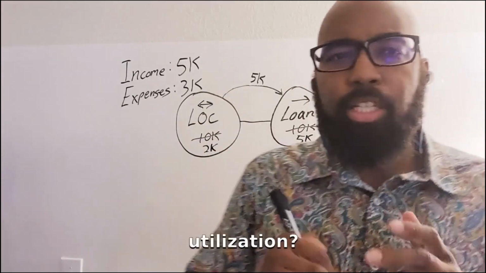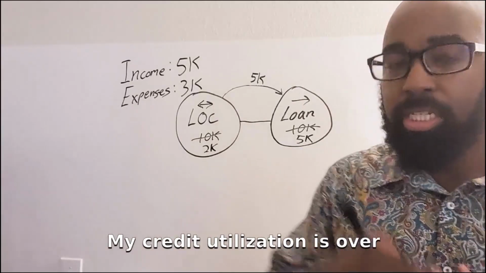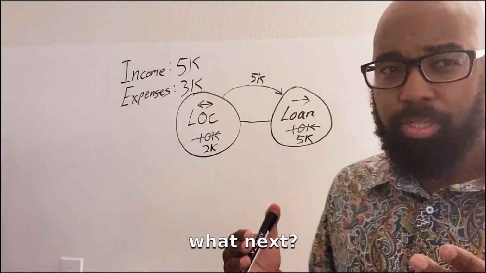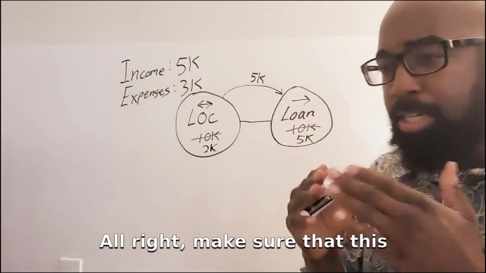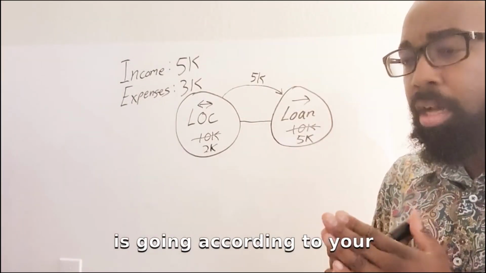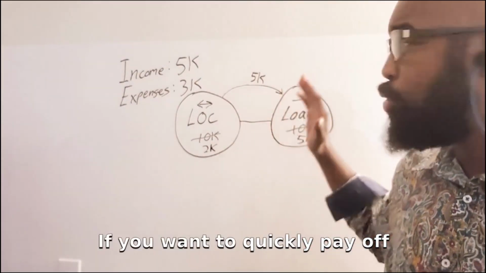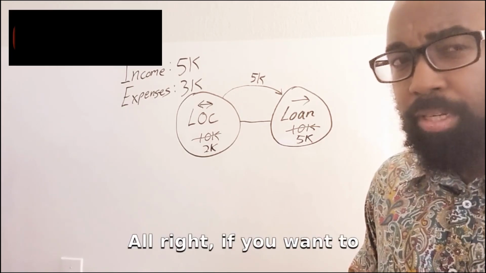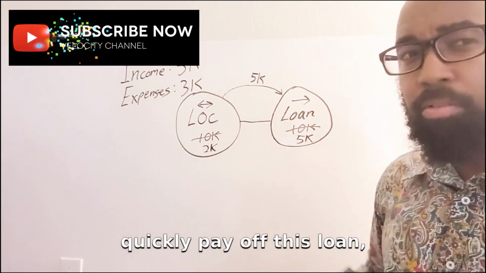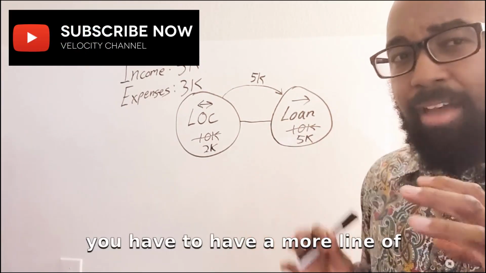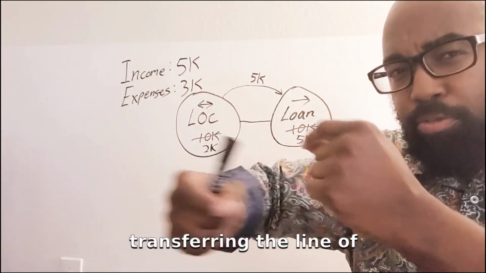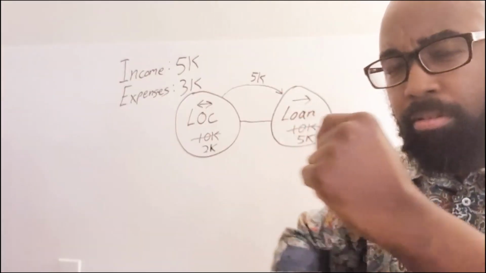Now you're saying, CJ, wait a minute. What about credit utilization? My credit utilization is over the 30%. What next? Well, this is what next, all right? Make sure that this is going according to your goals. If you want to quickly pay off this loan, you have to have more line of credit towards transferring the line of credit, okay?